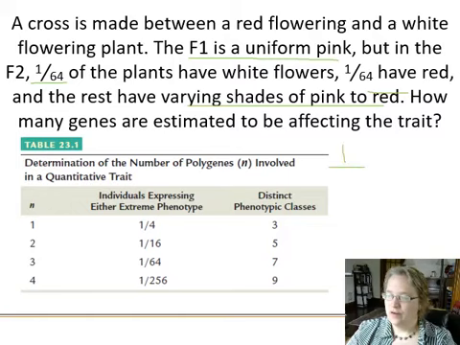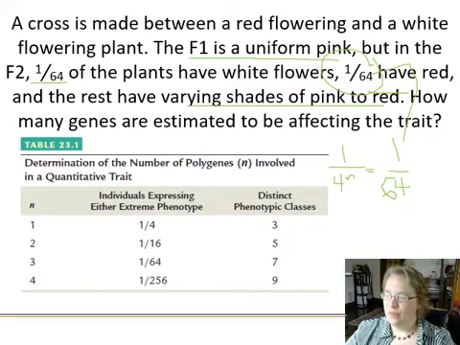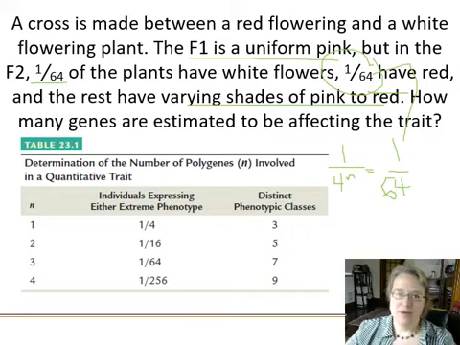Well, our formula is (1/4)^n, and our ratio of one of the extreme phenotypes, we'll grab this one here, is 1/64. So 4 to the n, 4 to the what, equals 64. This is where you pop it into your calculator.